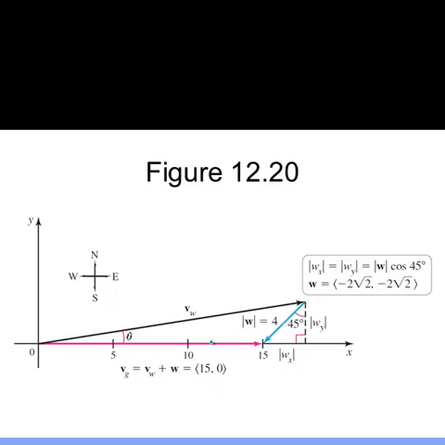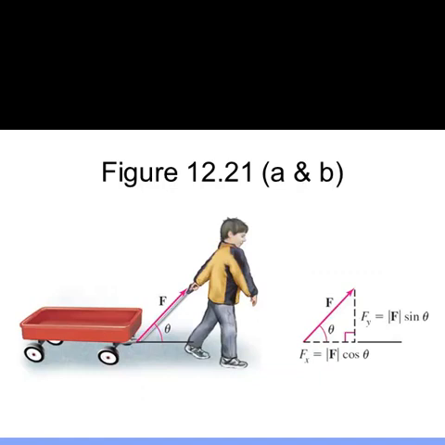The red vector was the motion relative to the shore. The blue vector was the motion of the water. And we needed to find V sub W. All right, moving along here. Now, we could use vectors to analyze forces.